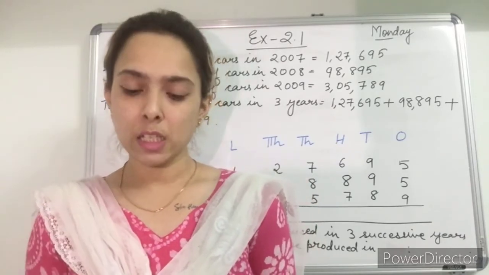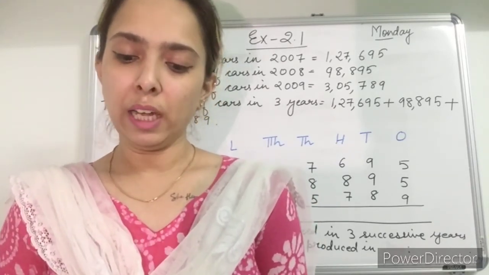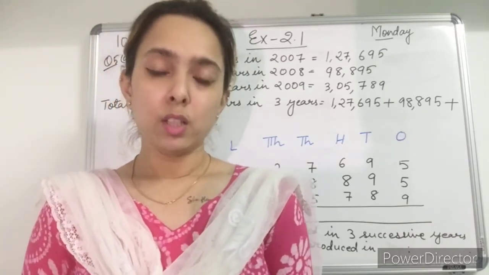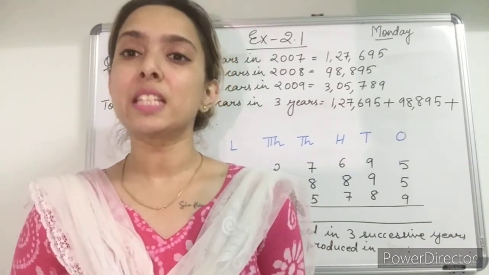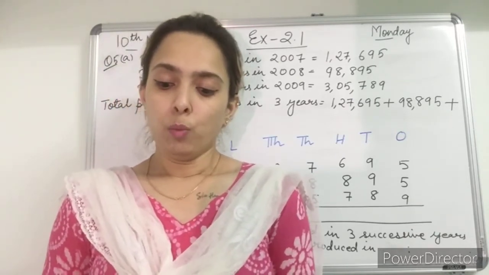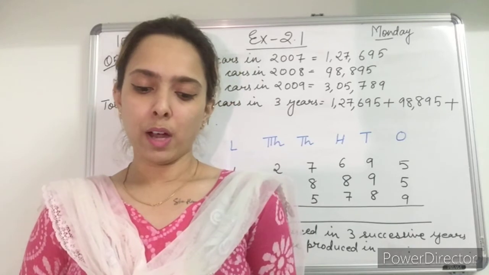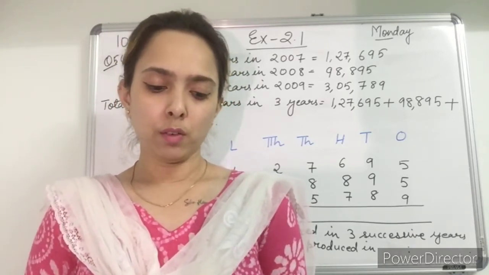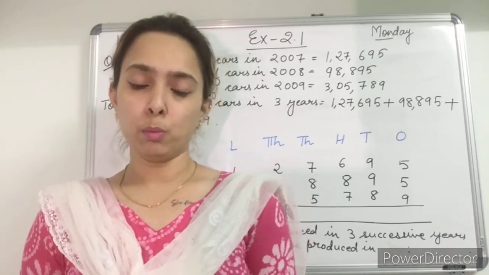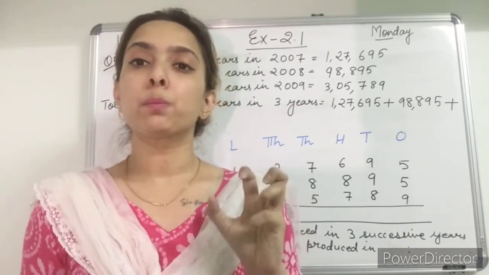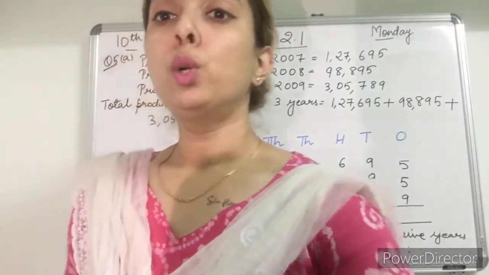What about the next year? 98,895 cars in the year 2008 and 3,05,789 cars in the year 2009. What was the total number of cars produced in 3 successive years? In which year were the most cars produced? Again, total number of cars produced, so again we have to do the addition.